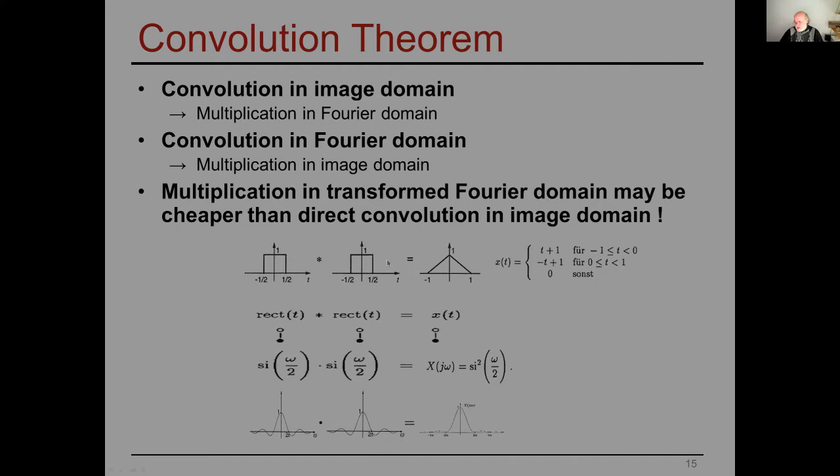The convolution of 2 box functions is obviously the tent function. So here's just this other notation: these are the rectangle functions, and the convolution between the 2.